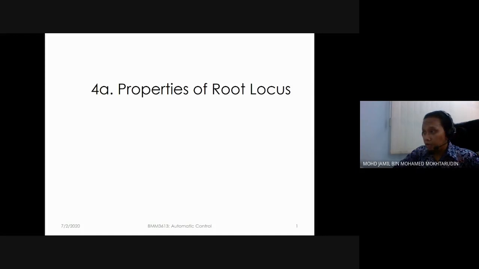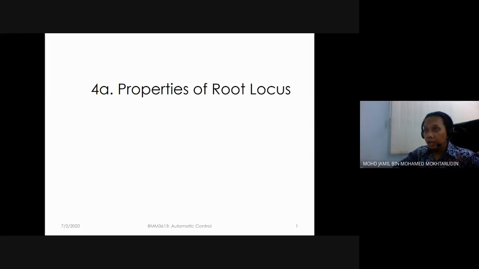So in the previous lecture, we have learned about determining the stability of a system using Routh-Hurwitz criteria. With Routh-Hurwitz criteria, you are not required to find the poles of the transfer function, but you only use the table method to determine whether a transfer function is stable or not stable.